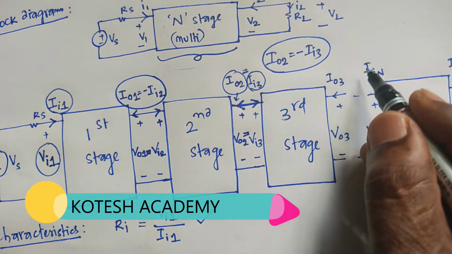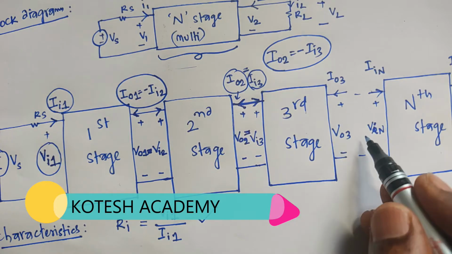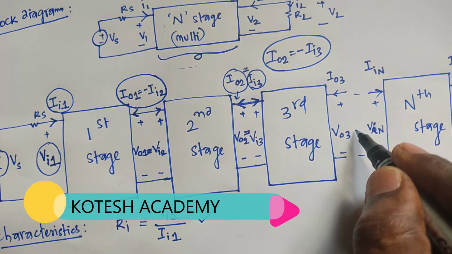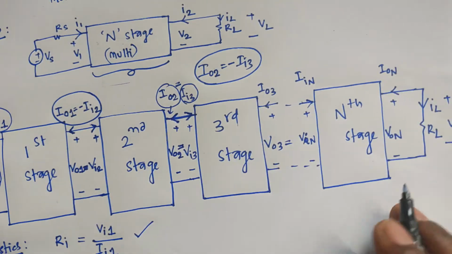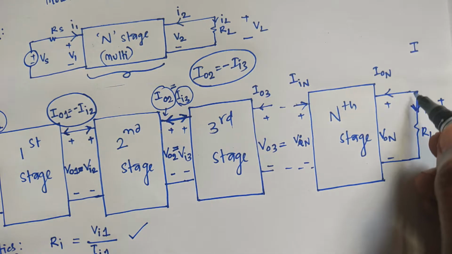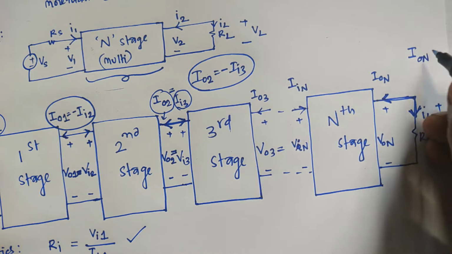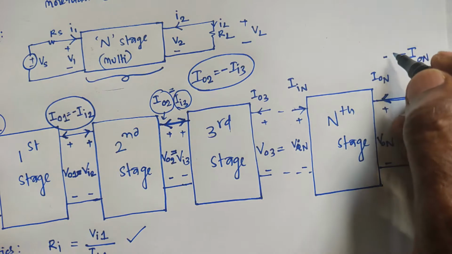Like that you can take: Iin is equal to Io3, and Vo3 is equal to Vin. At the end, IL is moving clockwise and Ion is moving in the opposite direction, so Ion is equal to minus IL.